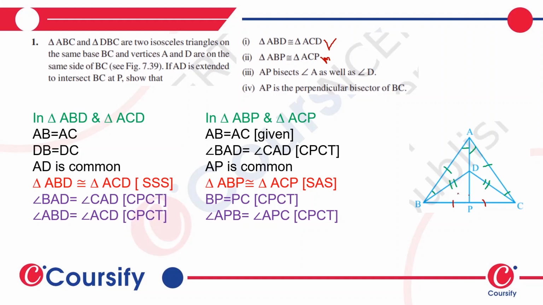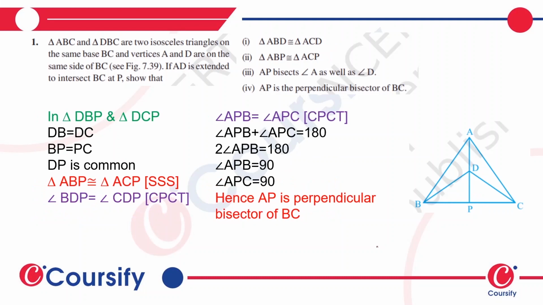So let's prove now that it is perpendicular. If this angle and this angle are equal, then their sum would be 180, and if they are equal, we can say that twice angle APB equals 180. By rearranging, we get APB equals 90, as I have done here.